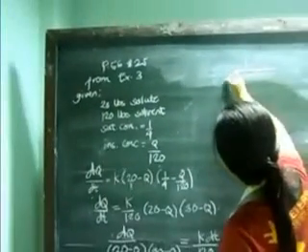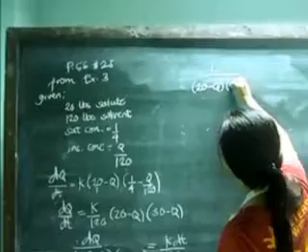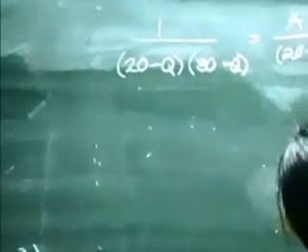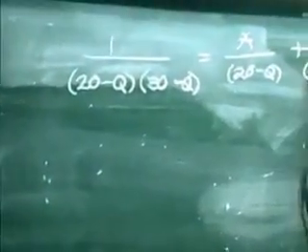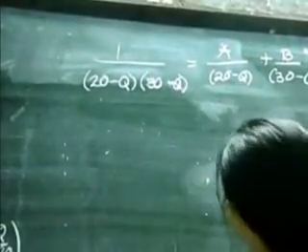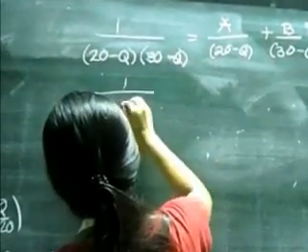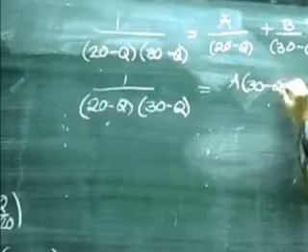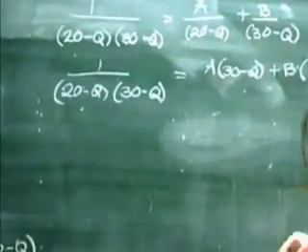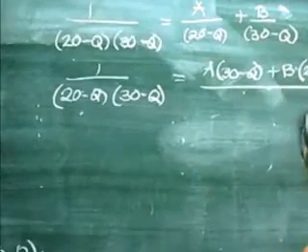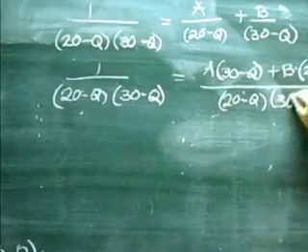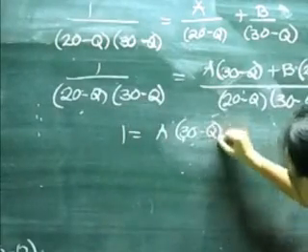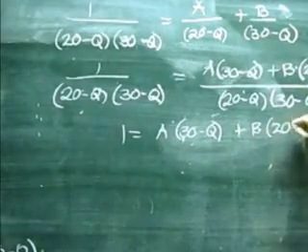So we have 1 over 20 minus Q times 30 minus Q equal to A over 20 minus Q plus B over 30 minus Q. So we have 1 over 20 minus Q times 30 minus Q equal to A times 30 minus Q plus B times 20 minus Q over 20 minus Q times 30 minus Q. So we have 1 is equal to A times 30 minus Q plus B times 20 minus Q.